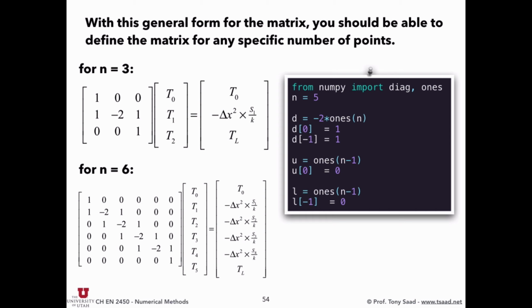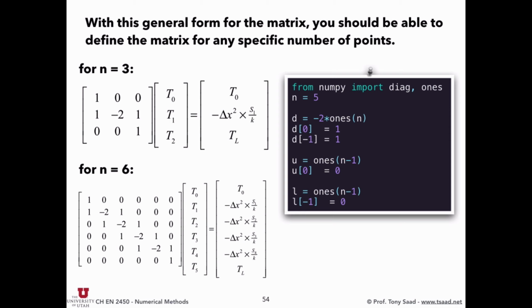So if you want to access the last element, rather than asking whether it is n minus 1 or n minus 2 or n, you just do minus 1, which gives you the last element. Minus 2 gives you the second from last. Minus 3 gives you the third from last. It simplifies things, so you don't have to worry about what n is. So this is what I'm doing here. d equals minus 2 times ones of n creates minus 2s everywhere, and then d0 equal 1 fixes this value, and d[-1] equal 1 fixes this value.